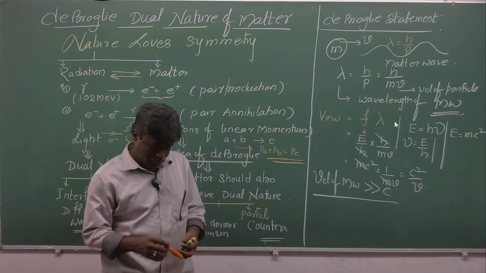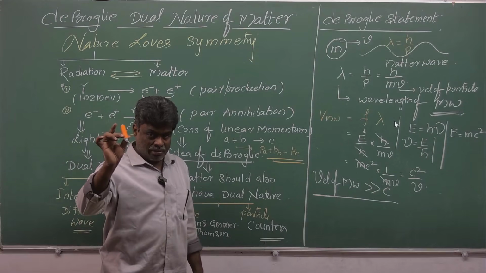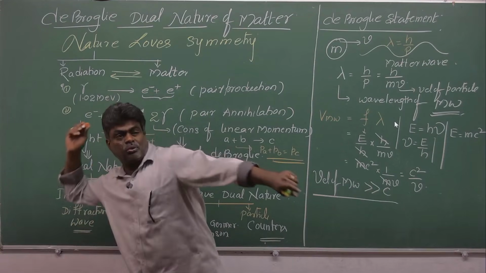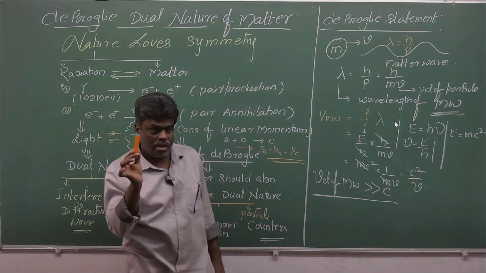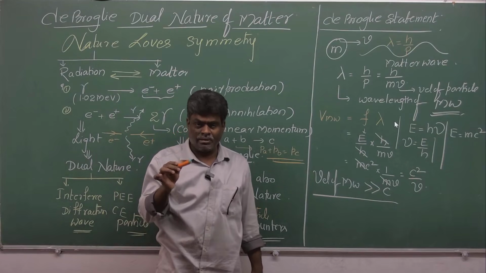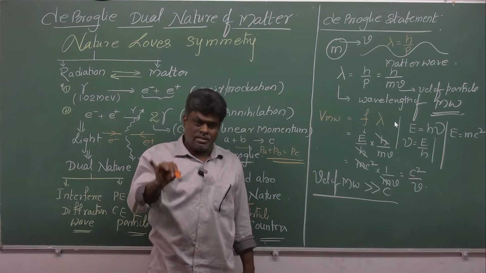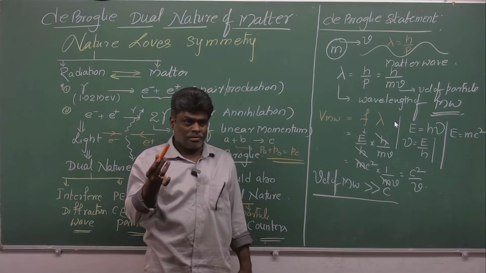I want to ask a question. This is matter, right? A piece of chalk. If I throw this with the velocity of light c, what will happen to this? A, disappear. B, melt. C, as it is. D, we can't say.